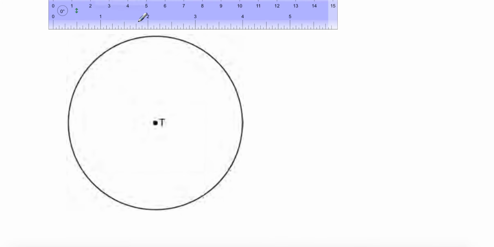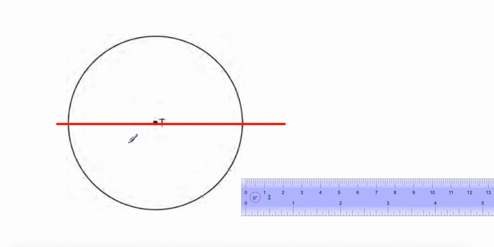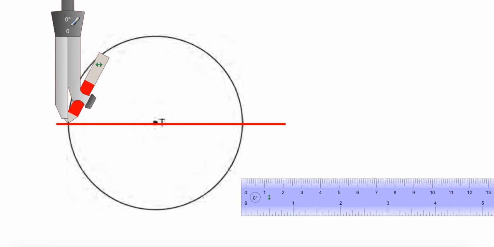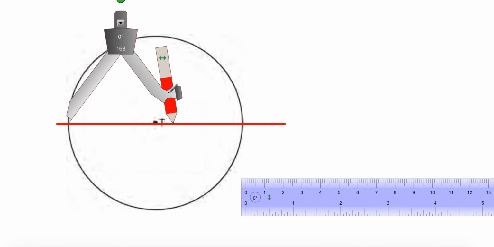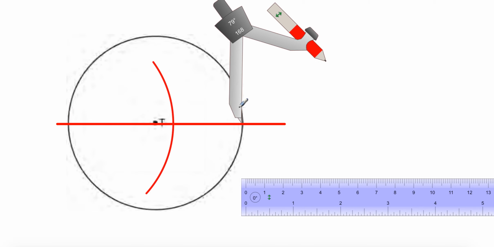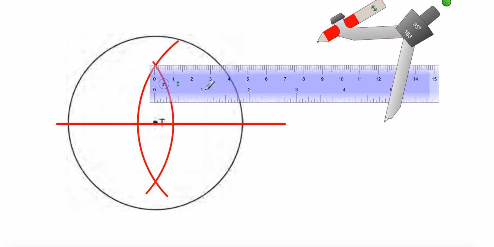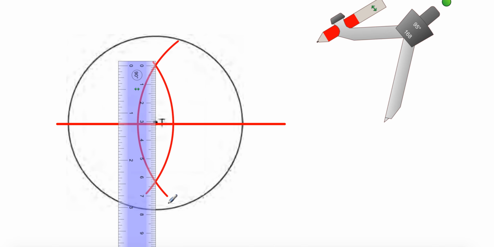There's different ways of doing it. I'm just gonna first use the line that passes through the center, which is the diameter, and then using a compass, I'm going to get the perpendicular bisector of that diameter, more than halfway, and then draw the other line.